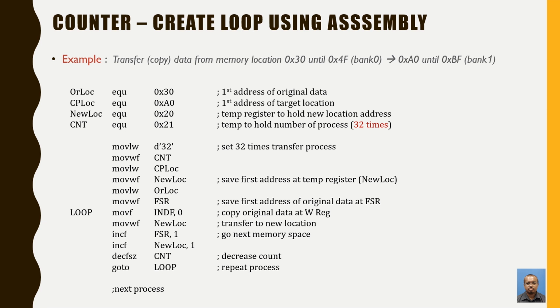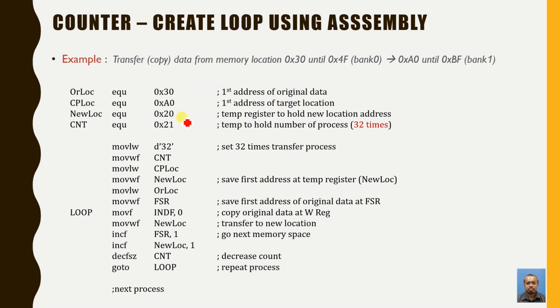Okay, this is an example of a program, creating a loop using assembly. It's a lengthy process. I need you to study this and understand what this whole program does. Later on, you do it again without looking at this example.